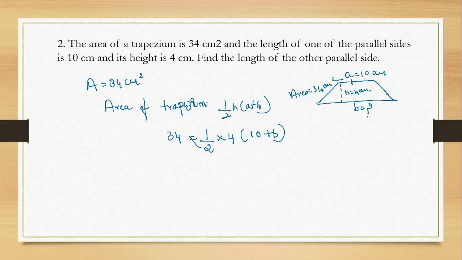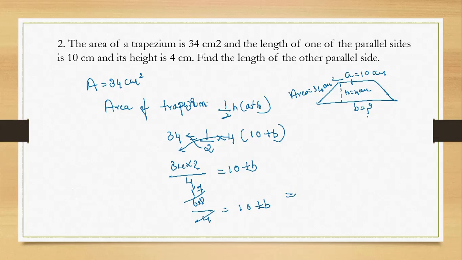Then we transfer this 2 to 34, and this 4 below the 34. 34 into 2 by 4 is equal to 10 plus b. 34 twos are 68, by 4 is equal to 10 plus b. 4 ones are 4, 4 sevens are 28, so 4 seventeens are 68.